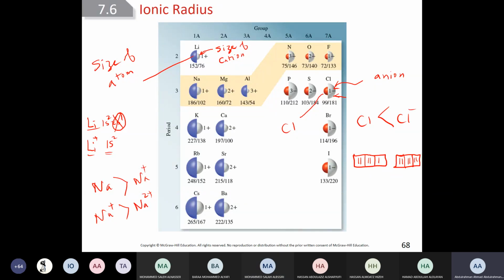Okay, now which is bigger, O or O minus? O minus. Which is bigger, O minus or O2 minus? O2 minus. Exactly. Always, whenever you add electrons, the size becomes bigger. Whenever you take electrons, the size becomes smaller.